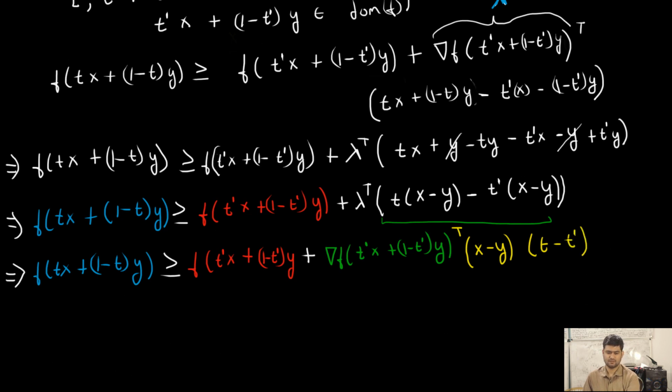So now we can write this as our function g of t.